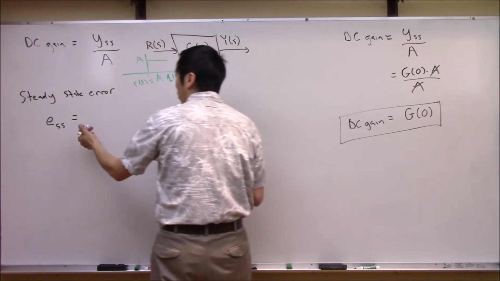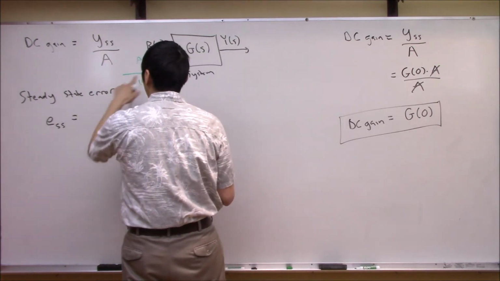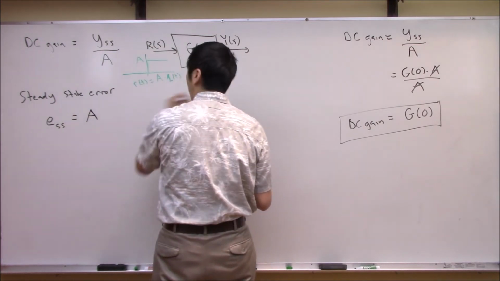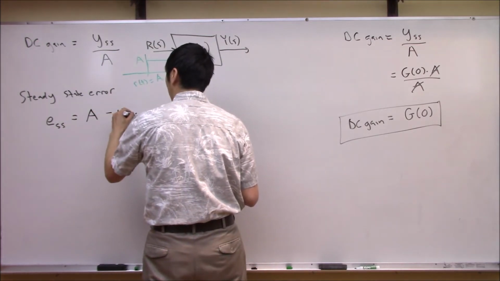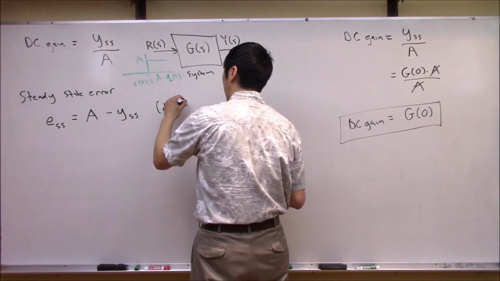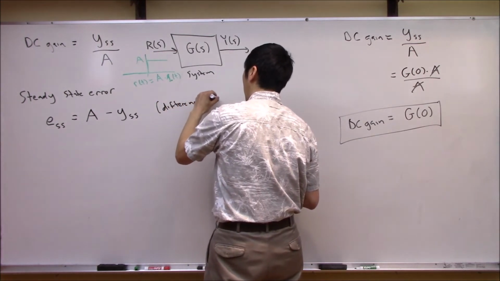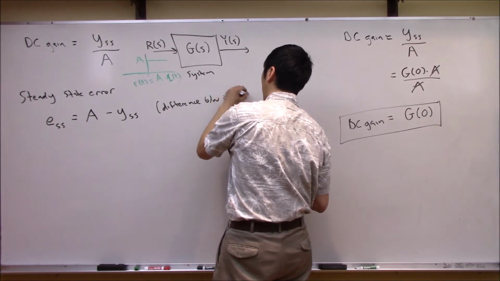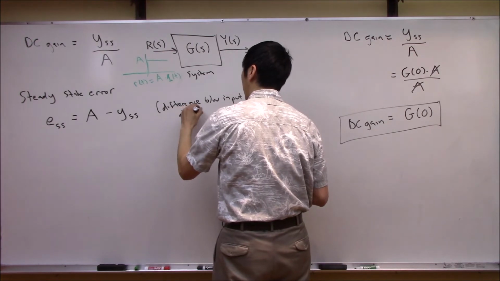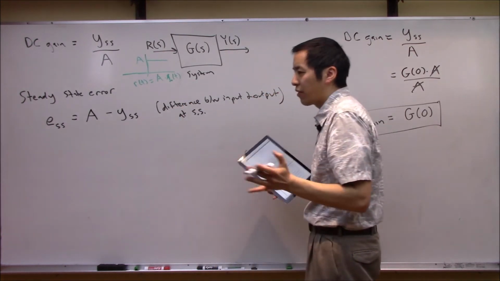So in other words, the difference between the input at steady state, which is A, and the output at steady state, which was Y steady state. Right? So this is basically the difference between input and output at steady state. That sort of is this concept of steady state error.